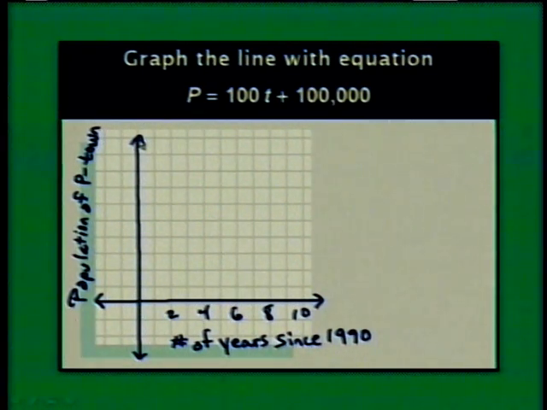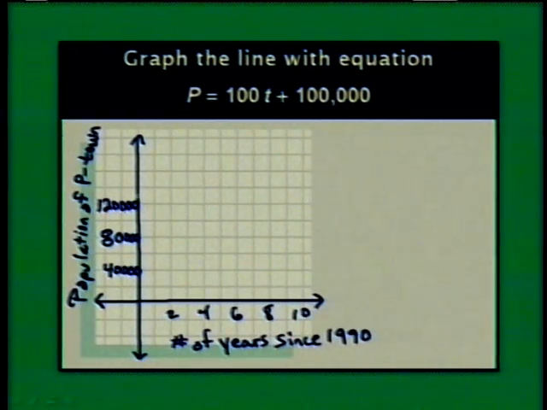Just barely. I think I'm going to use a scale of 20,000 on my vertical axis. So that would make this 20,000, this 40,000, this 60,000, this 80,000, this 100,000, and this 120,000.